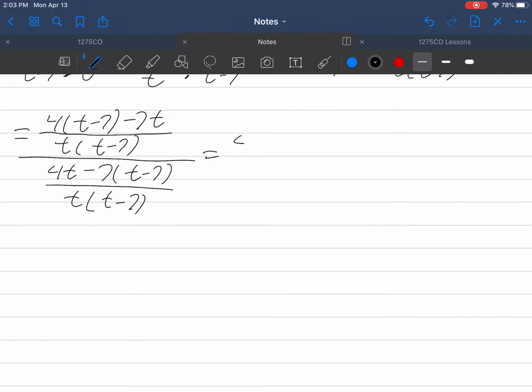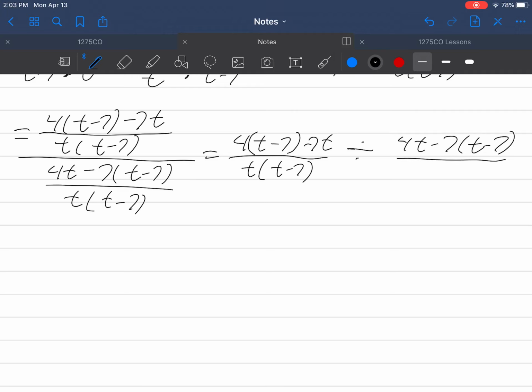Combine them into single fractions on top and bottom so that we can translate this into a division problem. Divided by 4t minus 7 times t minus 7 divided by t times t minus 7.